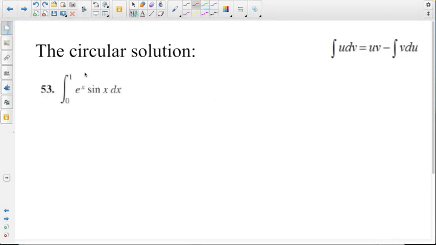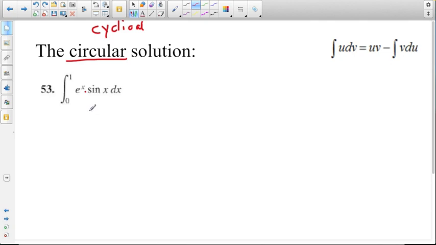The application of integration by parts that we're going to go through is called a circular, or cyclical, solution. That is where we have a product of two functions, and whether you integrate or differentiate them enough times, you end up getting the same thing you started with.